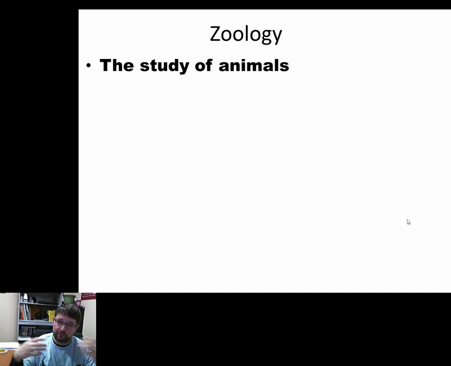And there's far more zoologists out there studying different aspects of different animals all over the world than there are zookeepers. Now yes, some zookeepers have zoology degrees, right? But you don't have to be a zookeeper to study animals.